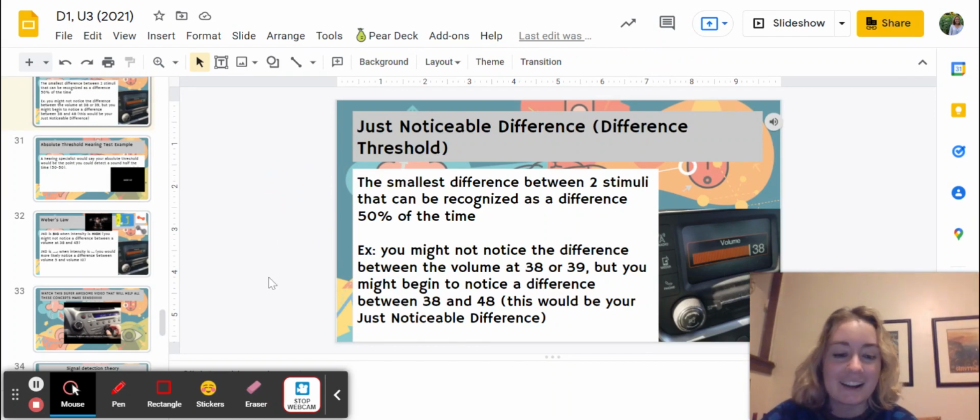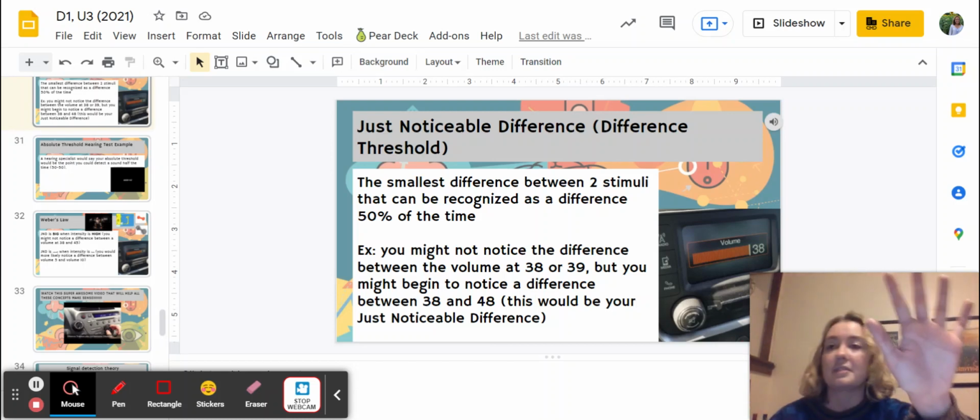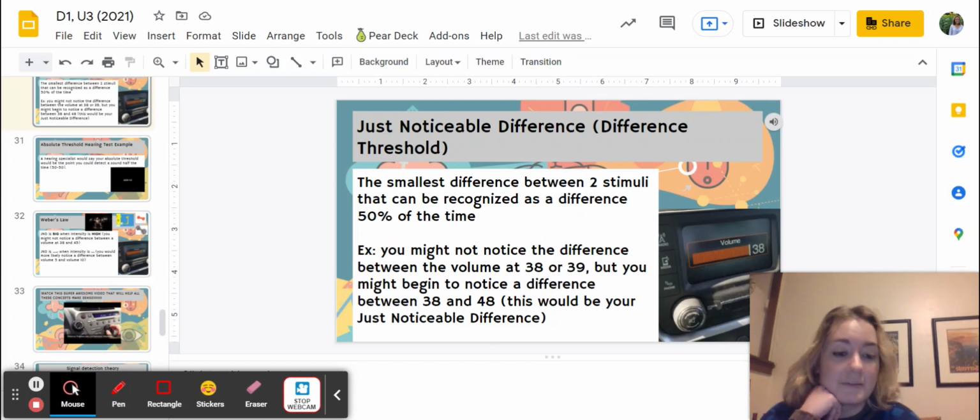It's you being able to correctly identify the difference between two stimuli at least 50% of the time. I think hearing is a really good example of this. For example, if you had the volume up in your car radio and you start it at level 38 and then turn it to 39, if you weren't looking at it, are you going to notice the difference if your friend turned it from 38 to 39?